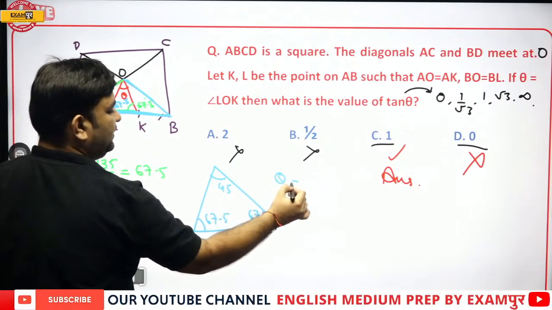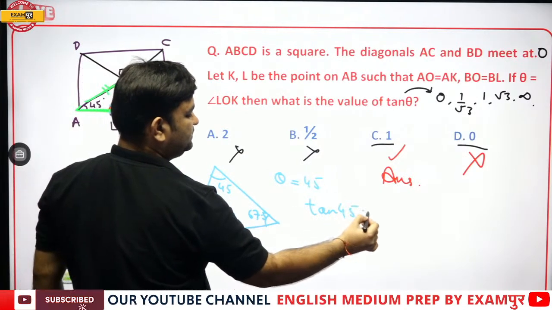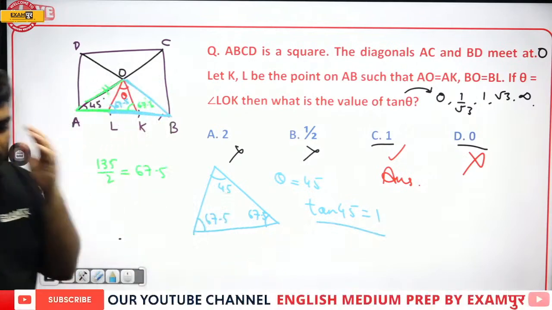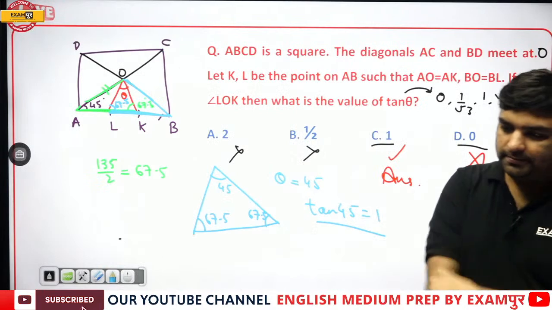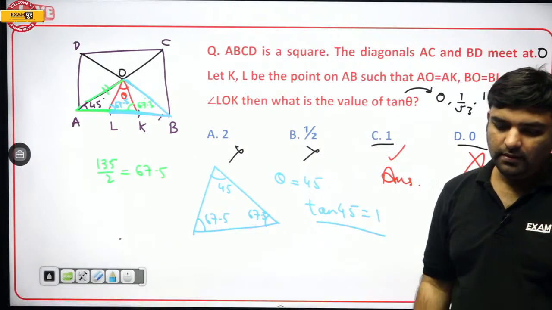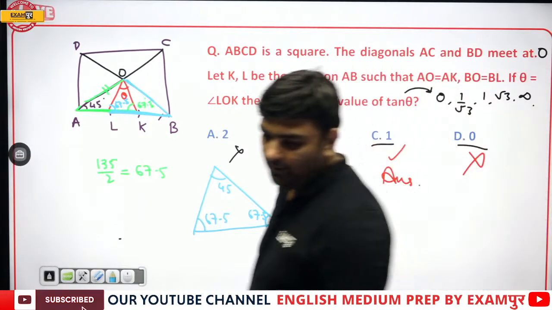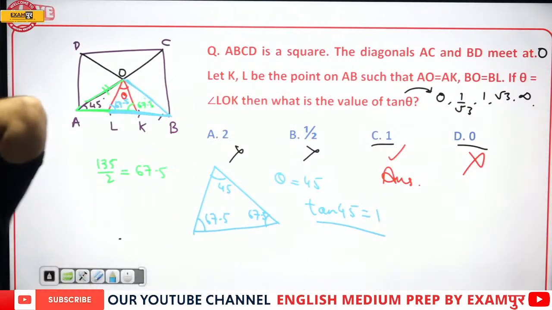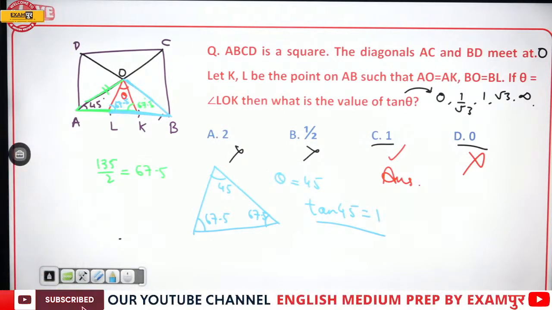So theta is 45. Tan 45 is 1. By common sense as well, we can give the answer, which I told you initially.